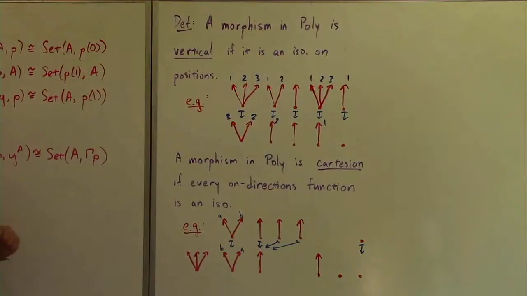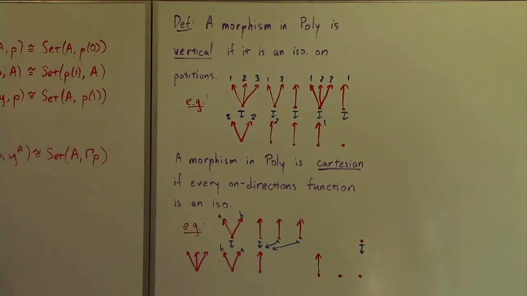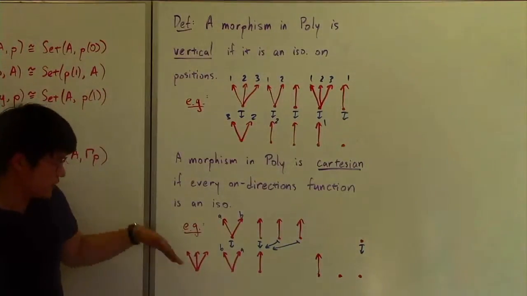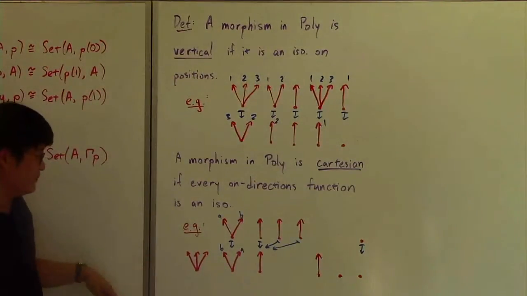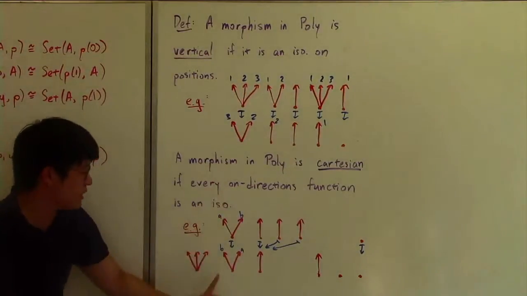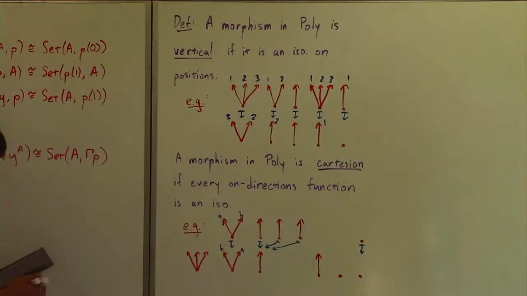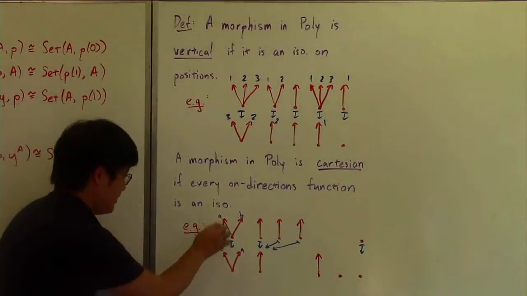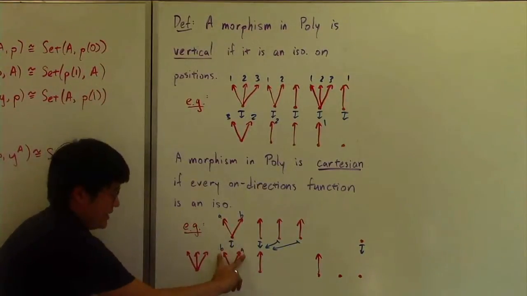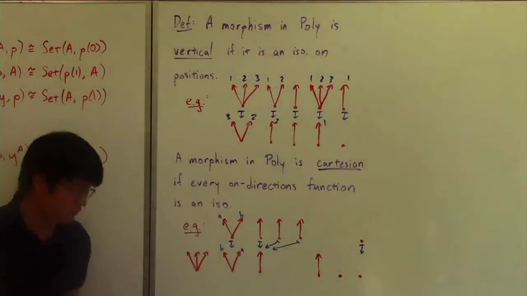A morphism in Poly is Cartesian if every on-directions function is an isomorphism. In this case, the on-positions function could be anything, but the key is that each individual on-directions function going back is an isomorphism of directions. Here we have a map that sends this position to this position, and it does a swap of directions backwards, but that's an isomorphism.